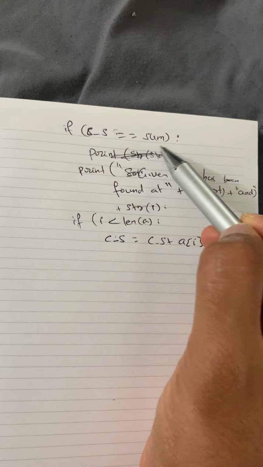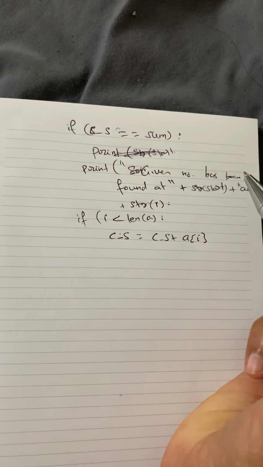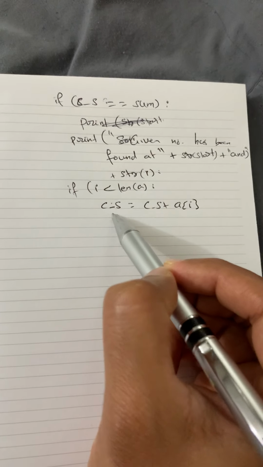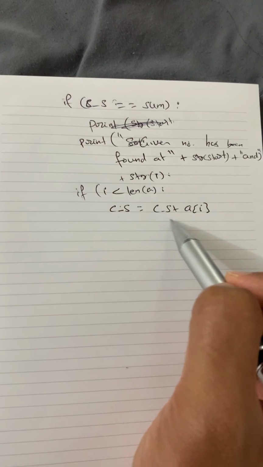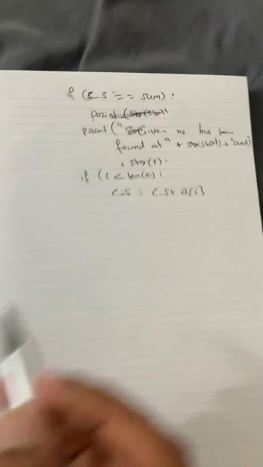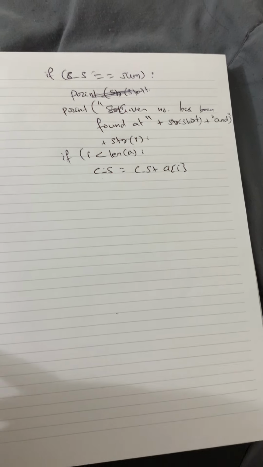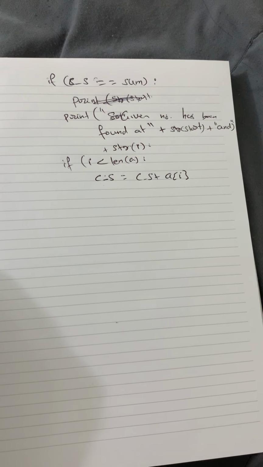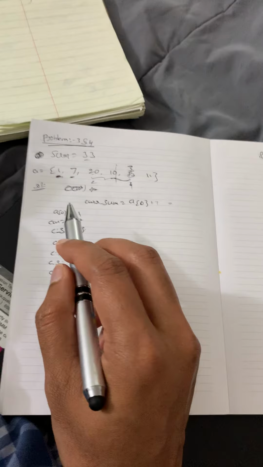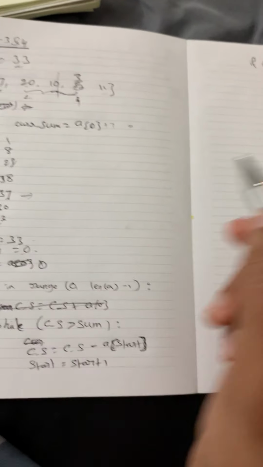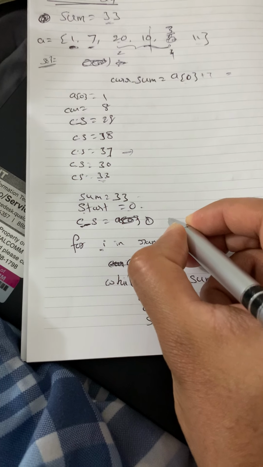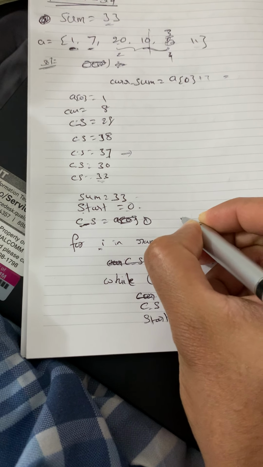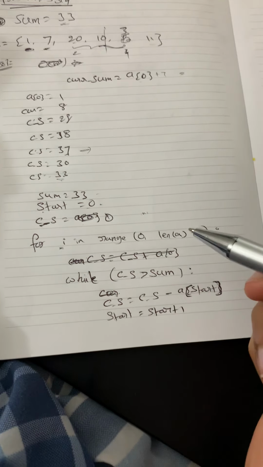Current sum is not equal to sum, so it will just move on from here. It adds current sum equal to current sum plus a of 0, which is 1. So current sum is now holding the first element, 1, and then it will move on.